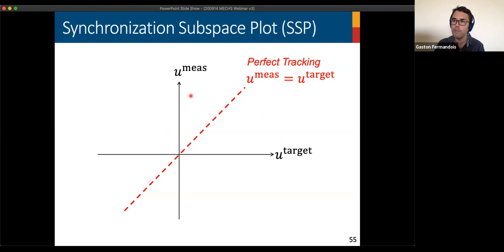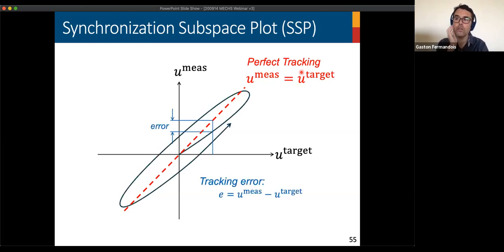And if we have perfect tracking, perfect synchronization, no error whatsoever, we will have a set of points that lie on a line that has a slope of 1 to 1. So basically it means that each point has a measurement that is equal to the target. This is perfect tracking.